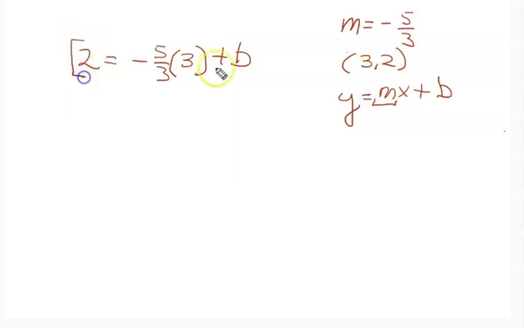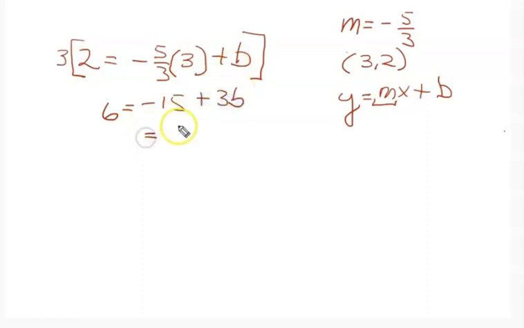So we're going to get rid of our fractions by multiplying everything by 3. So this becomes 6 equals, here the 3's cancel out, and we get a -15. And 3 times b is plus 3b. So we now have 3b.